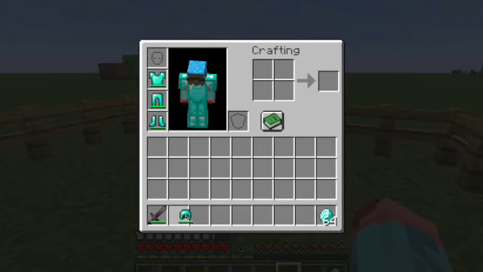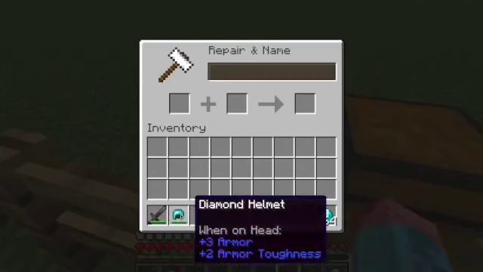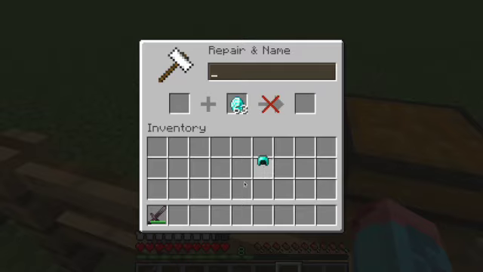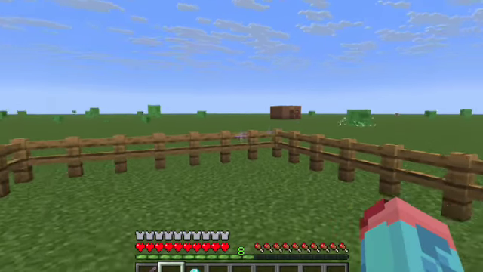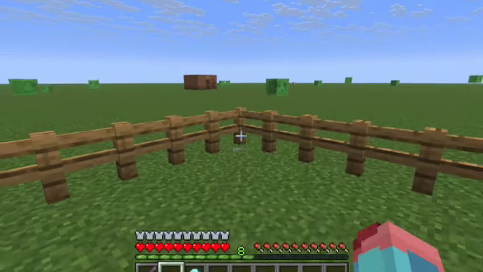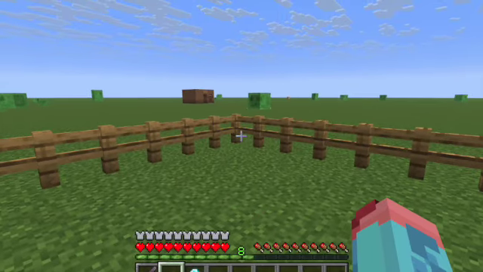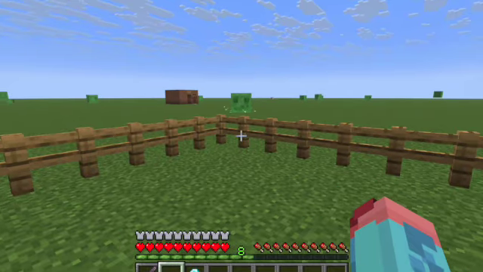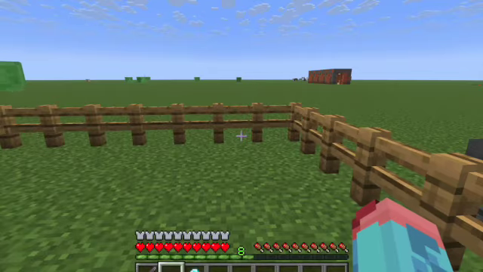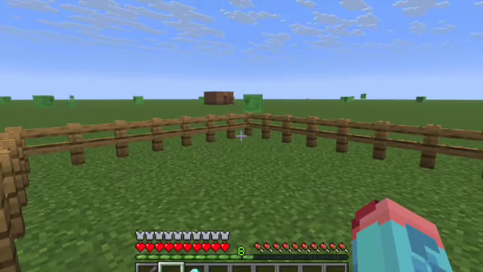So this is going to cost resources, energy, and time to repair. So look, I had to use one of my experience points down here and also a whole diamond just to repair this. So I may have killed him, but I didn't get anything from killing him, and I was affected negatively by having to repair my armor and use my limited resources.